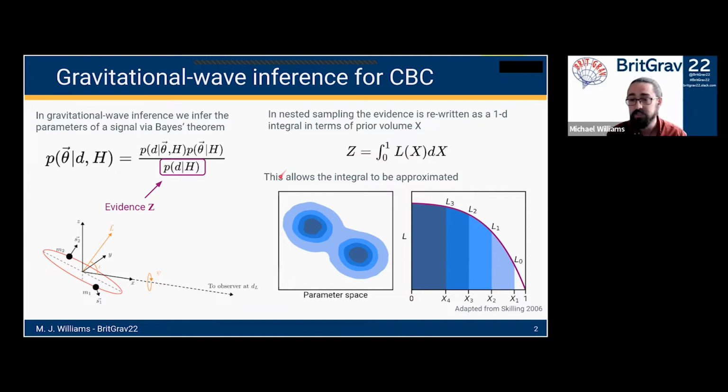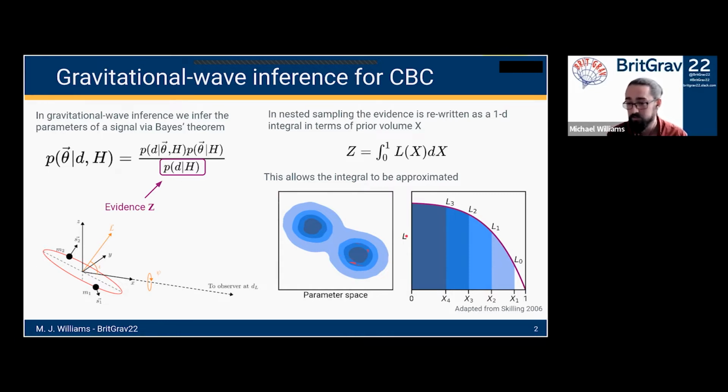So generally, the easiest way to sort of try and understand this is pictorially. So if you imagine you have some two-dimensional parameter space, and the prior here is the black box, and we have some likelihood surface here shown with the blue contours. The prior volume just describes this whole space. So a prior volume of 1 indicates the entire prior, and then as we reduce the prior volume, we're considering smaller and smaller regions of the space.